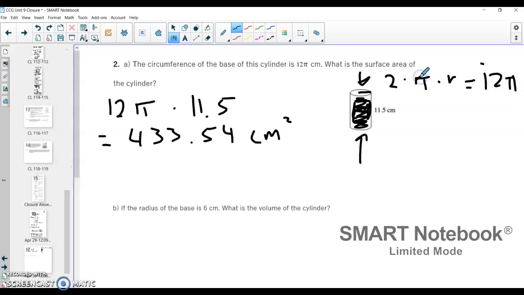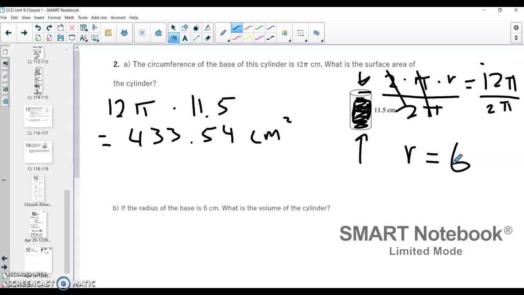If we solve this for r, we can find our radius, which will help us find the area. I'm going to divide both sides by 2 pi. The 2's go away, the pi goes away, so we're just left with r. And 12 pi divided by 2 pi gives me a radius of 6.